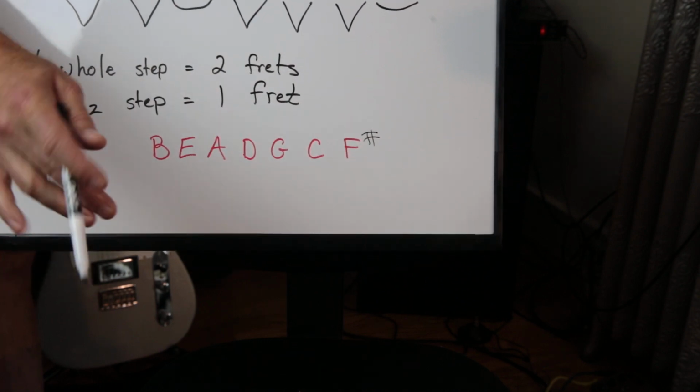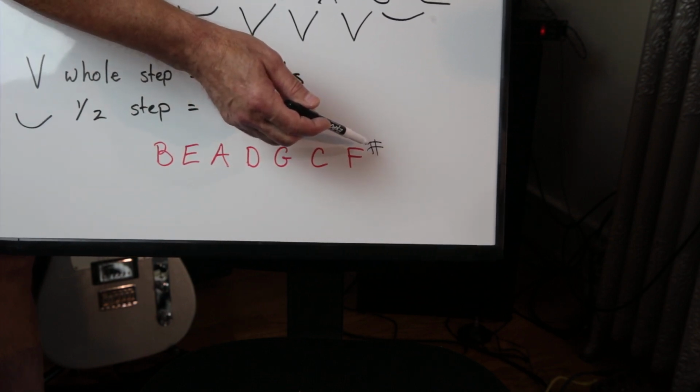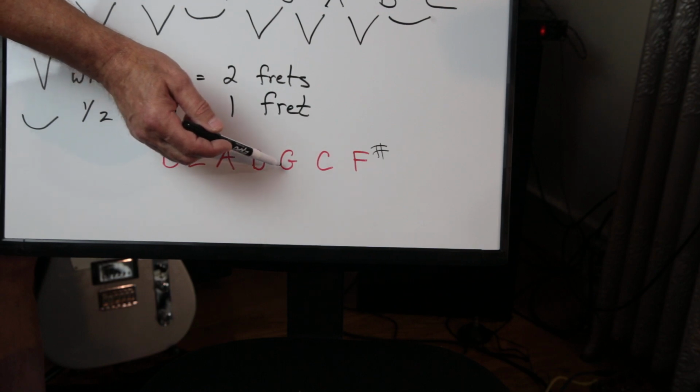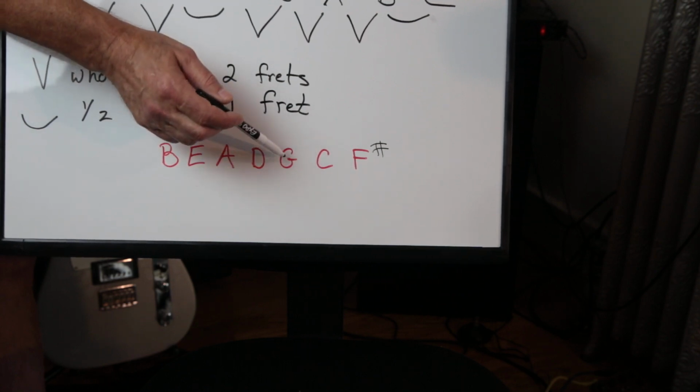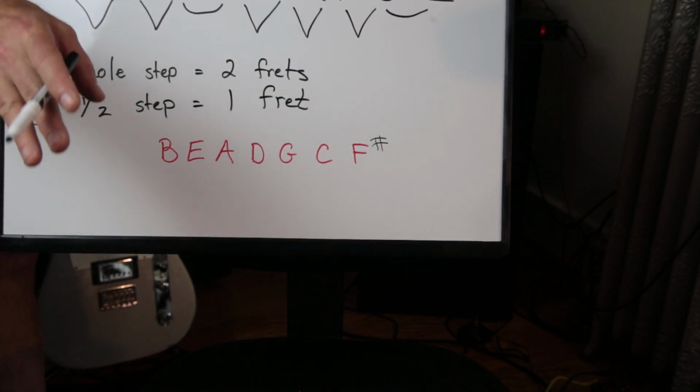So one more time, I hope this is understandable: if I sharpen the F and I skip the letter behind it and go to the next letter, my key is G. In the key of G, there's an F sharp.